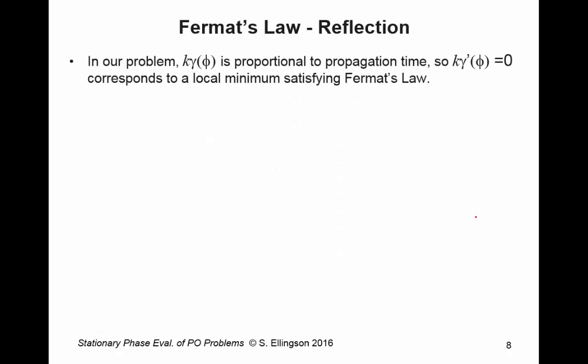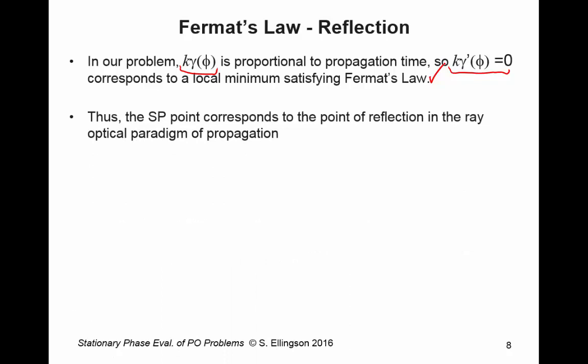In our problem, k times gamma of phi is proportional to propagation time. So k times the first derivative of gamma equal to 0 corresponds to the local minimum satisfying Fermat's law. Thus, the stationary phase point corresponds to the point of reflection in the ray optical paradigm of propagation.